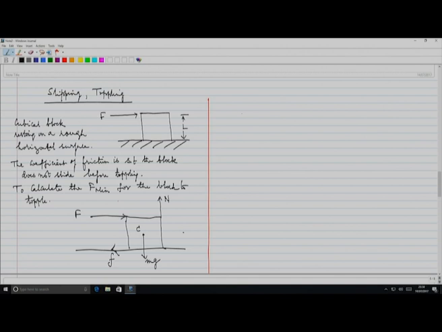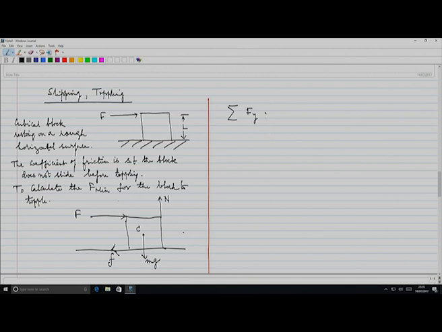Now sigma F, what are we going to do? The sum of all the forces along the y direction: there is normal reaction acting upwards and mg acting downwards.